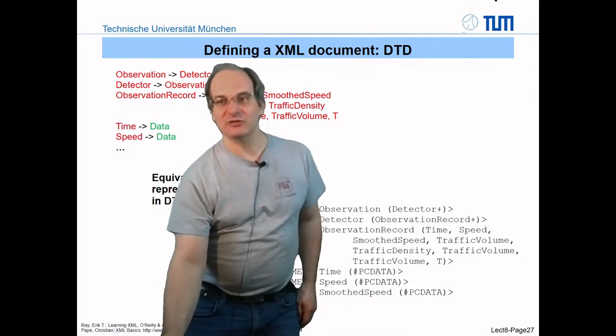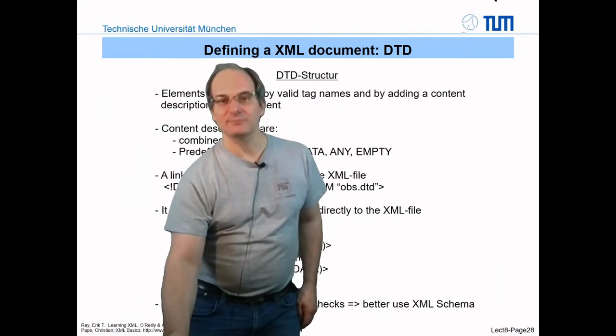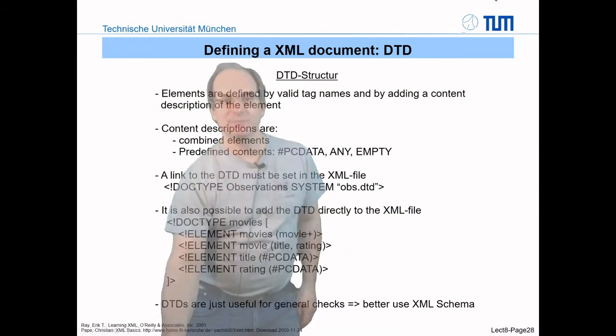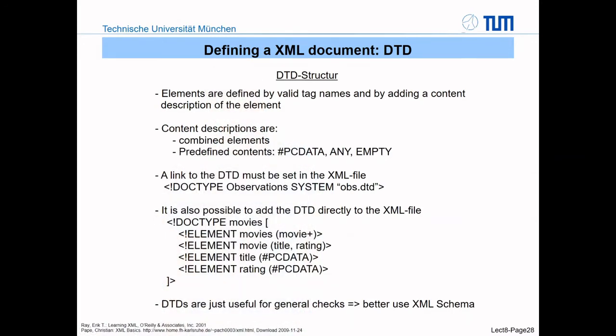So what is the structure of this DTD in a formal way? Let's have a look. DTDs are built by elements which describe valid tag names. And also they add the description of the content of the elements.